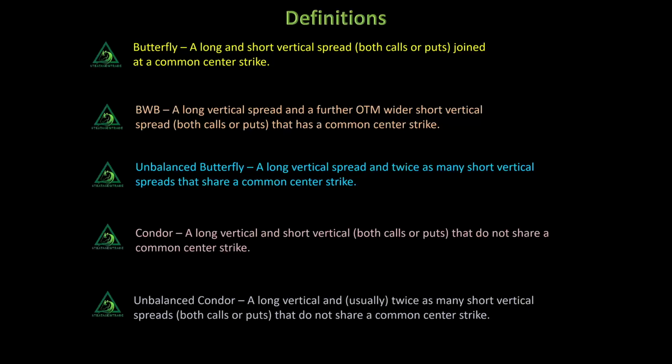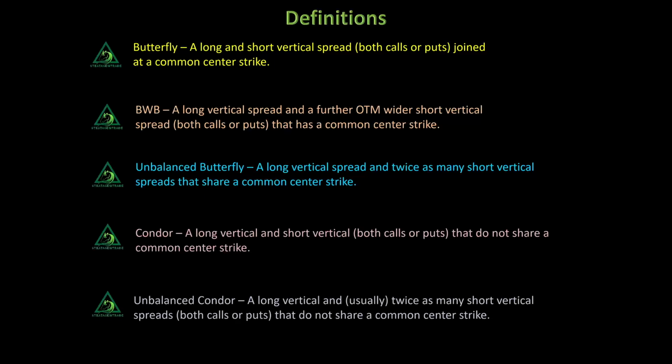And when you look at the time decay with a day to go until expiration, it's a very safe position as long as you babysit it. It is just a long vertical spread and a further out of the money vertical spread that's wider than the one you bought, and they have a common center strike.